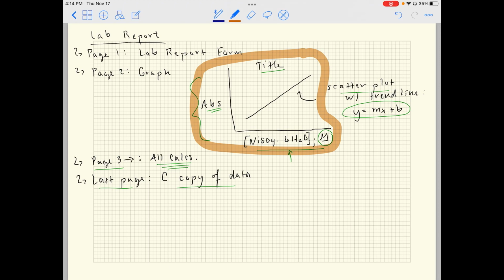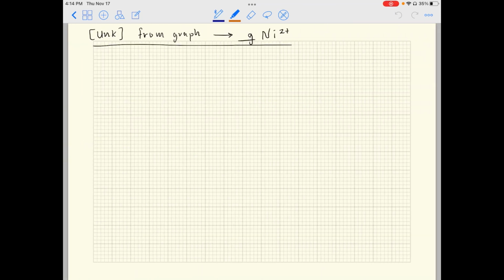So to find out how much unknown you have, we're going to go to another page. And what we're going to have to do is use the y equals mx plus b from your graph. So you were given some sort of absorbance for your unknown. Let's say that absorbance was 0.28. So you would plug that value in here.